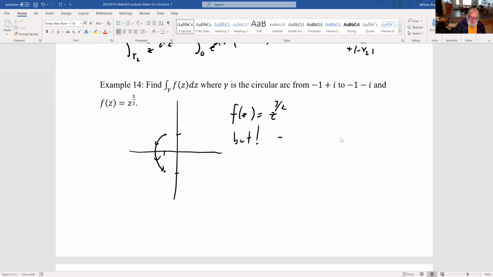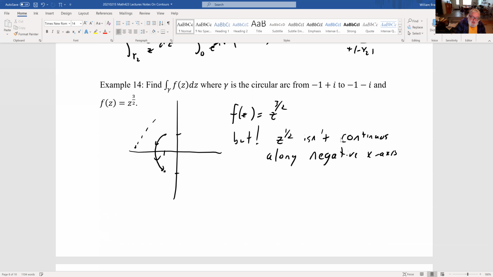what we know about z to the 1/2 is that it's not continuous. I probably misspelled continuous there. If you pick a point here and you want its square root, its argument, capital A argument, is close to pi.